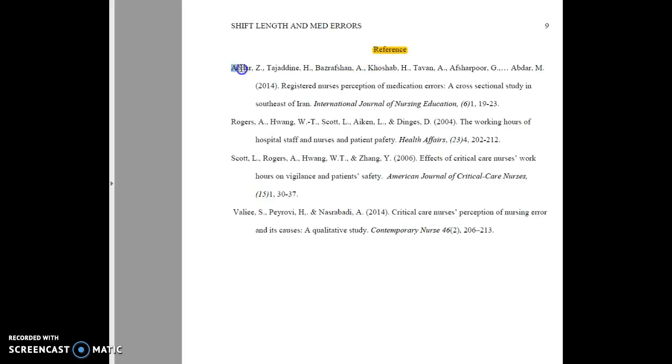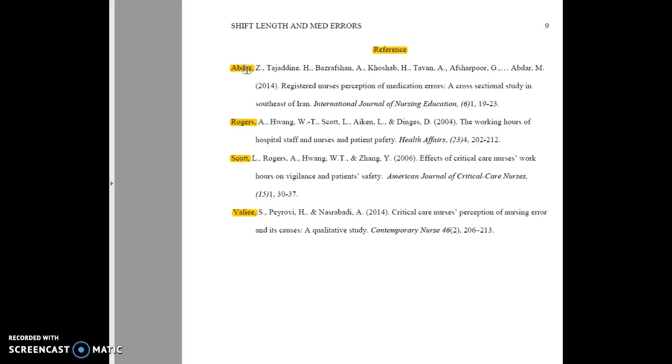You will notice that these are in alphabetical order by the primary author. Make sure that you do not alphabetize the authors of the article. Alphabetizing your references means you're alphabetizing by the first author.